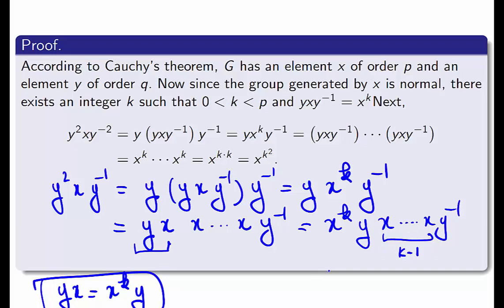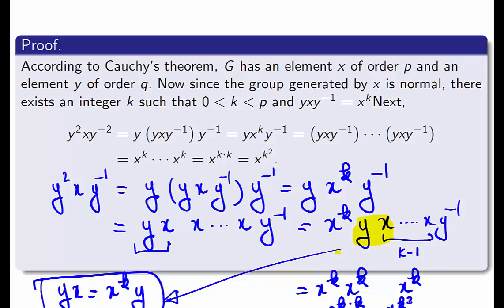But each time you swap, you have to use this formula. So if you use that formula each time, you get x to the k, and then you swap again and apply this formula, and you do that k minus 1 many times, you'll get a total of x to the k times k, which is x to the k squared.